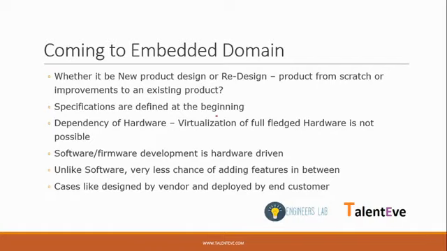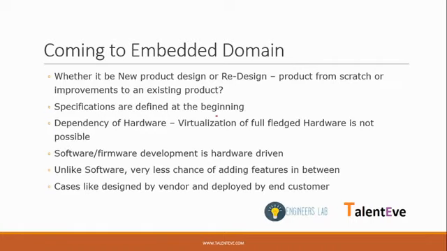But for hardware, it is very difficult, because you cannot virtualize the hardware; hardware needs to be developed from scratch based on the requirement. For example, if you need to read a temperature sensor using a controller board, you need to develop software based on the specifications.